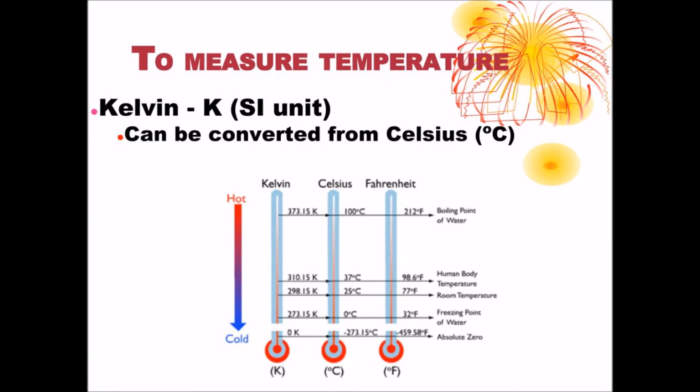Scientists have calculated the rate at which things cool and have been able to mathematically calculate that all particles of an object would stop totally at negative 273 Celsius, which is 0 in Kelvin.